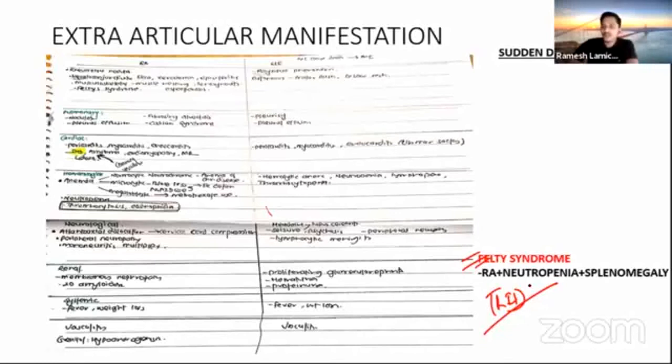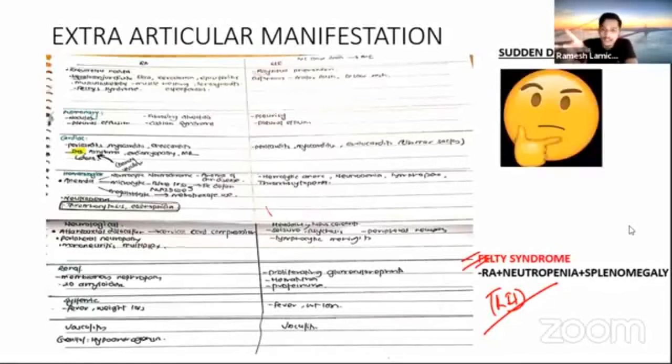Now suppose a rheumatoid arthritis patient has sudden death. What is the cause of sudden death in rheumatoid arthritis? They can ask about this. If you're guessing subluxation of the atlantoaxial joint and ischemic heart disease, you're right.